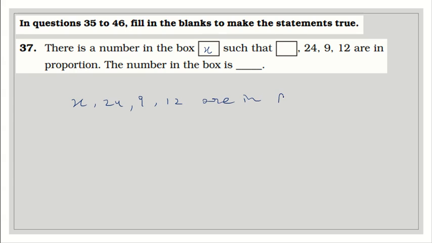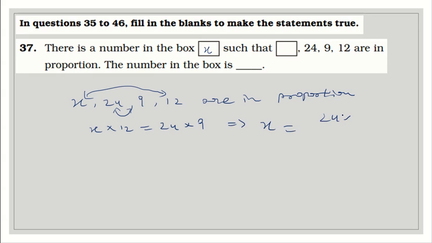So if they are in proportion, obviously product of means is equal to product of extremes. So x into 12 equals 24 into 9, and 12 divides here. So x equals 24 into 9 upon 12. 12 ones are 12, twos are 24. So 9 twos 18 is the value of x. So the number in the box must be 18.